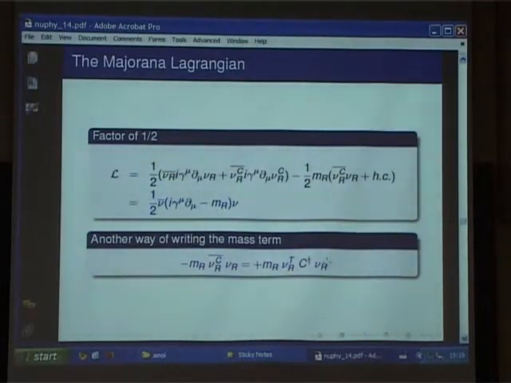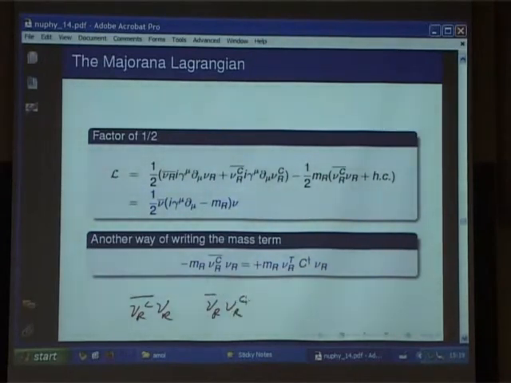So you will see in literature Majorana terms written in many different ways. You will see them written like this, which is ν_R^c bar ν_R, or you can see ν_R bar ν_R^c.